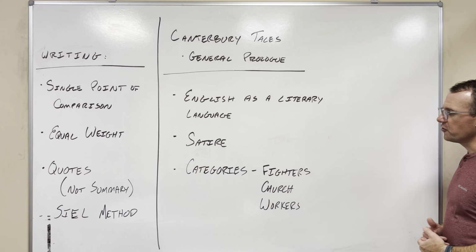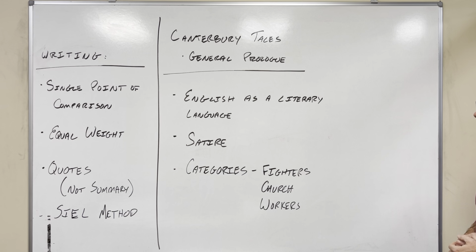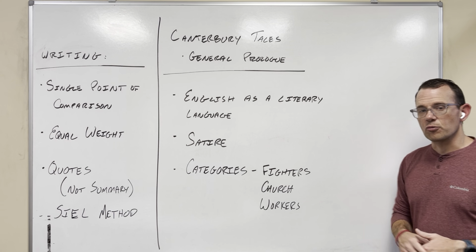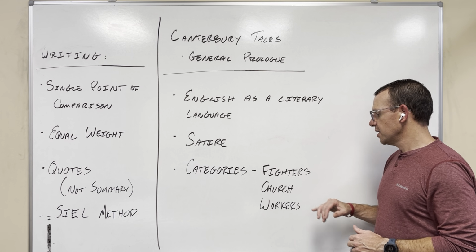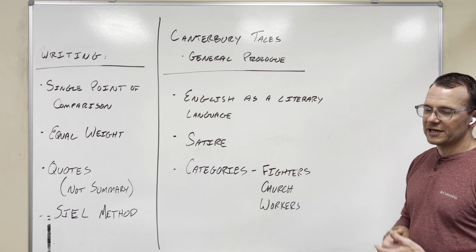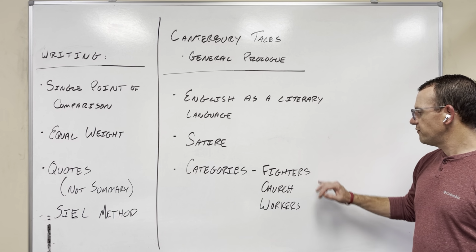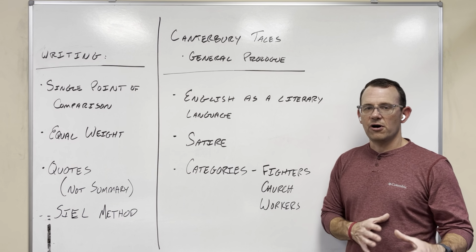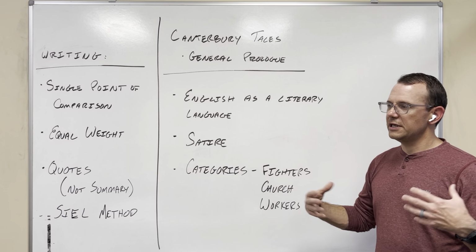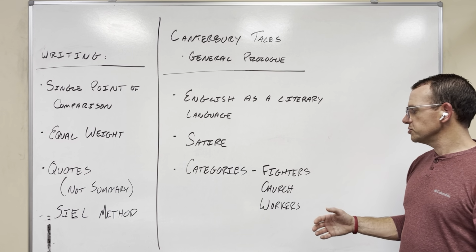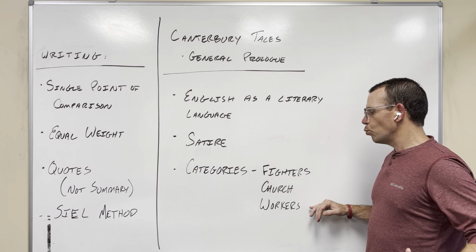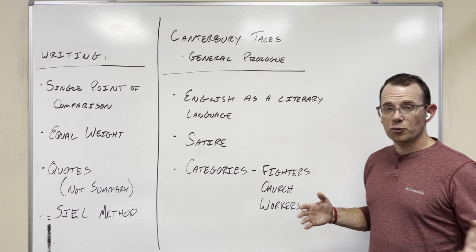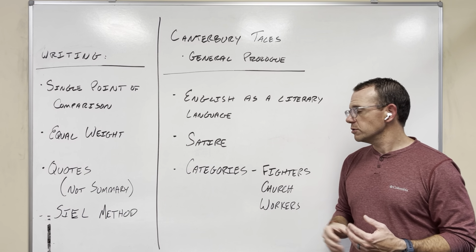And finally, you'll see that in the Canterbury Tales, the pilgrims are broken into three major categories. You've got the fighters, the church, and the workers, or those that fight, those that pray, and those that work. The fighters are early on in the prologue, they're introduced, and then you have the church workers and the working class interspersed throughout the prologue.